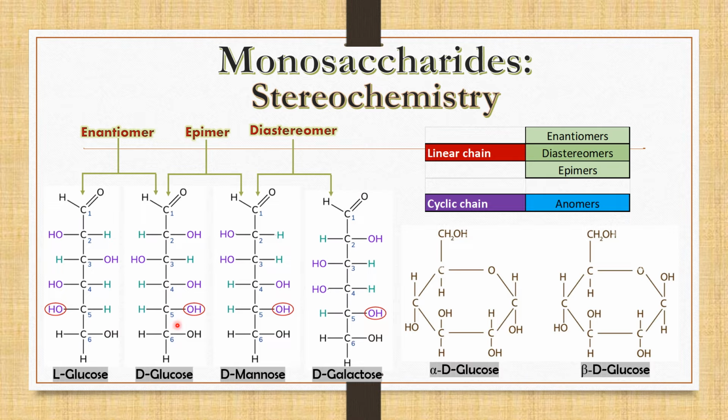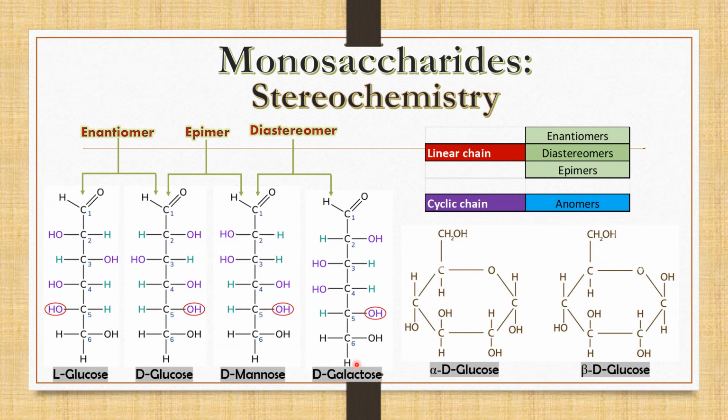So D-glucose and D-mannose only differ in the orientation around carbon 2. This makes them epimers. So remember, D-glucose is not a mirror image of D-mannose. Because they are not mirror images, but they differ only in the orientation around one chiral carbon, they are known as epimers.